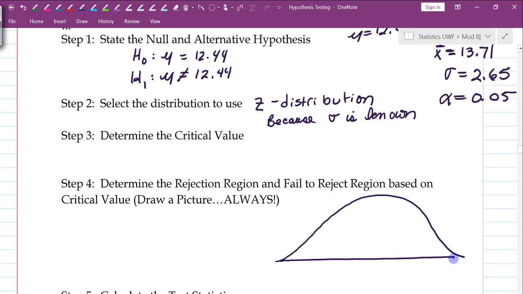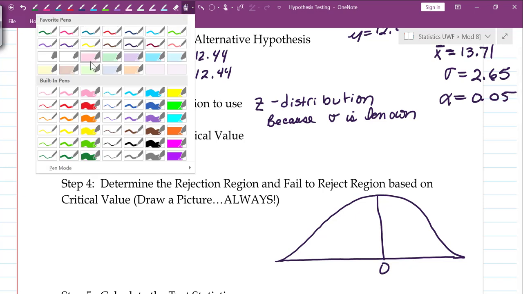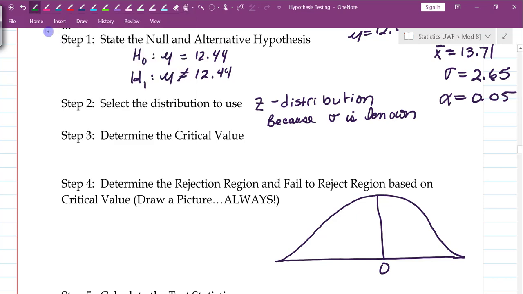I draw a picture of the standard normal with mu being 0 because on the standard normal it is in the center. I have a two-tailed test because I have a does not equal to. So that means I'm going to have a negative Z star and a positive Z star.